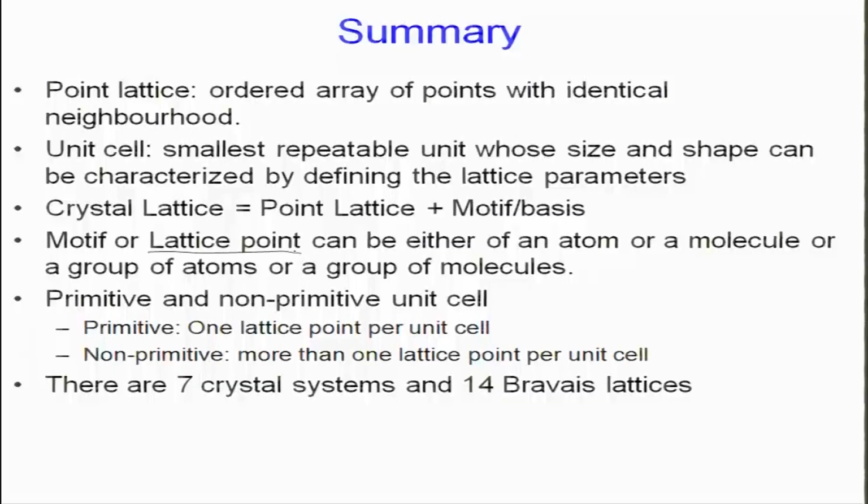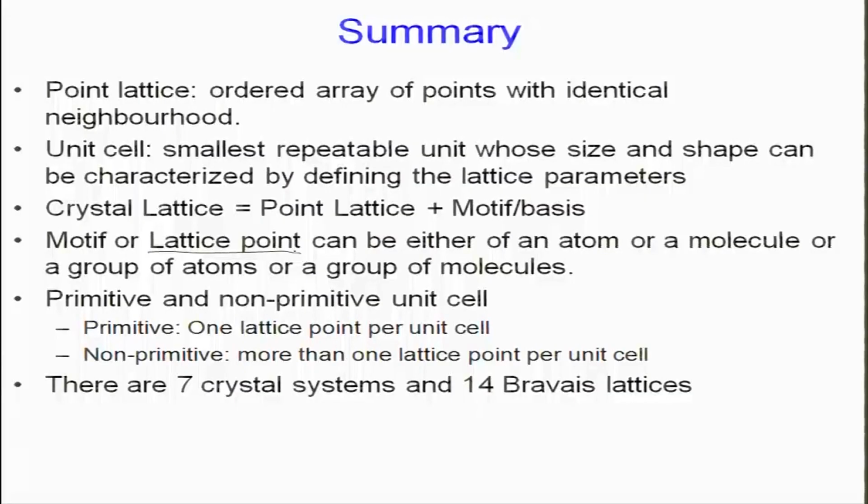Depending upon the relative positioning of these atoms and molecules with respect to each other, you define lattices into two different types. One is the primitive lattice, the second is the non-primitive. The definition of a primitive lattice is one lattice point per unit cell. We call it a lattice point, not an atom, because atom is a little misleading.